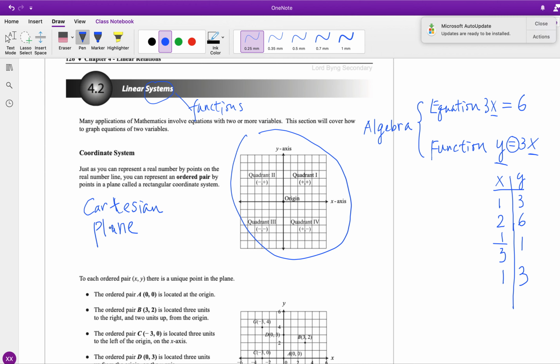I don't really know what's going on with my writing pad. It happens many times, it's very frustrating. Okay, so what happens here? This is the Cartesian plane. It was invented by a French mathematician and a very famous philosopher. His name is René.